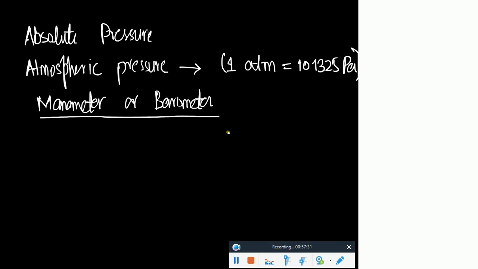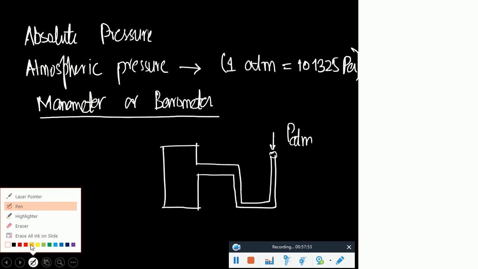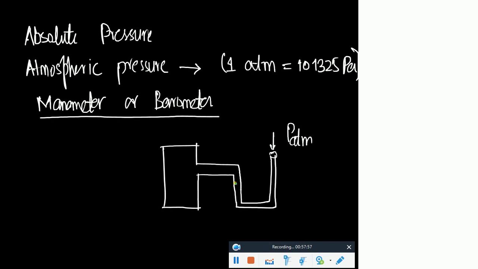Okay, so what that manometer is, for example, you have a tank with you, it is a closed tank. This is how this device is working. I mean, at this end you would have air which is applying P atmosphere. At this side, let me show you a small chunk of volume there.